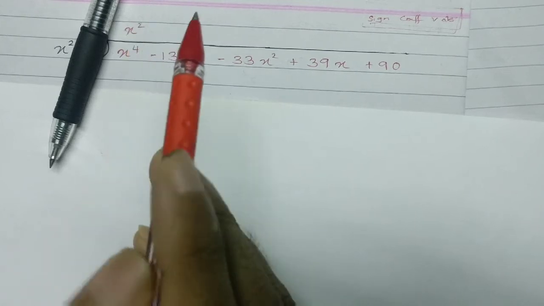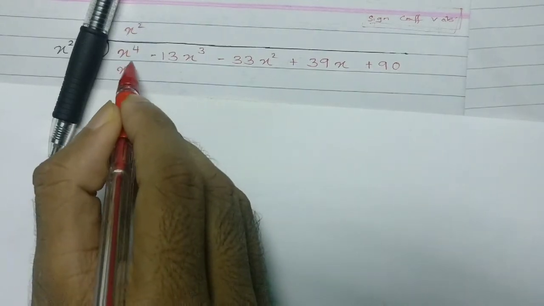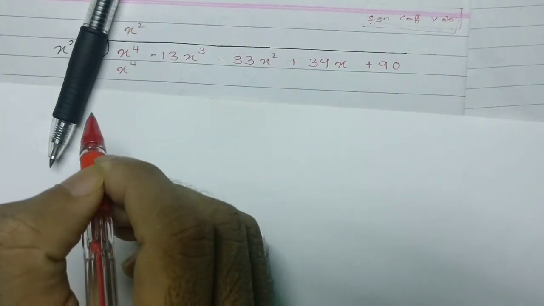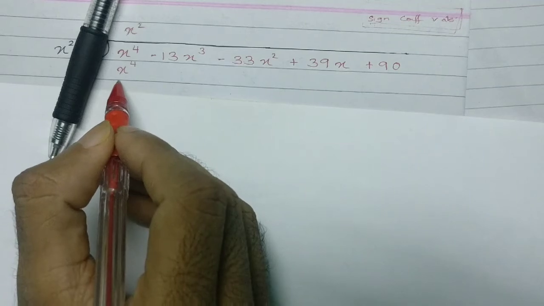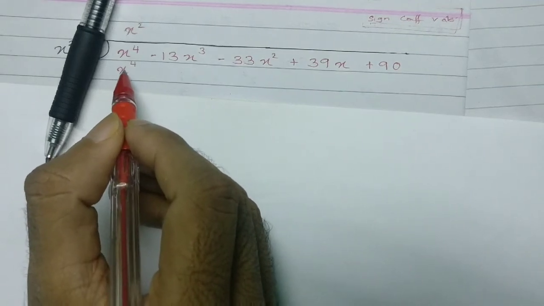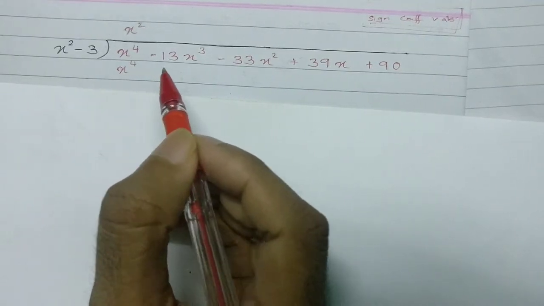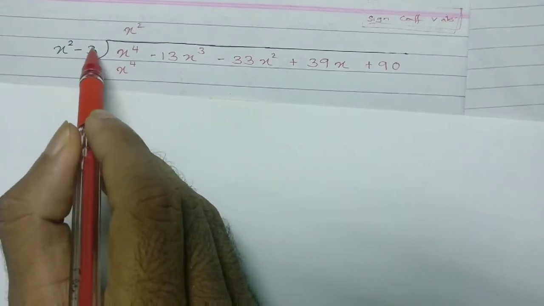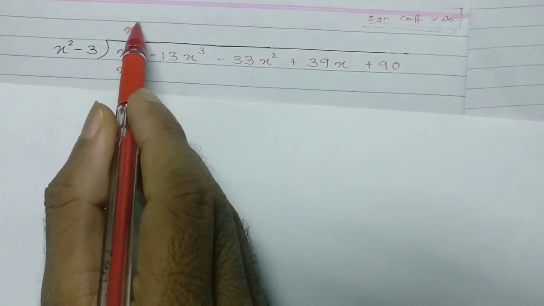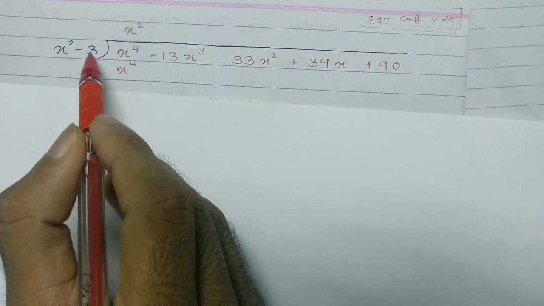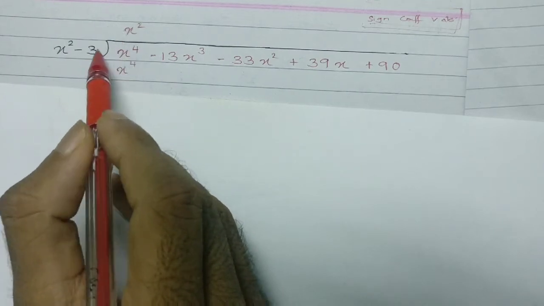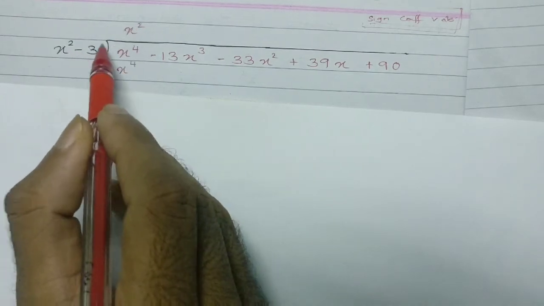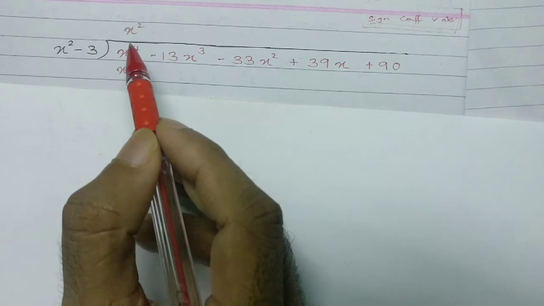When I multiply, I will get x raised to 4. Is it the same term? Yes. Once I get the same term, I will unhide this number and multiply it with whatever I have written. So this would become minus 3 into 1, so minus 3x square is what I will get as the answer.